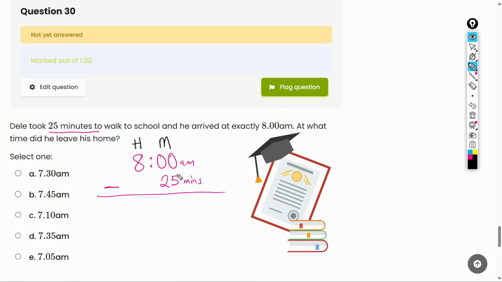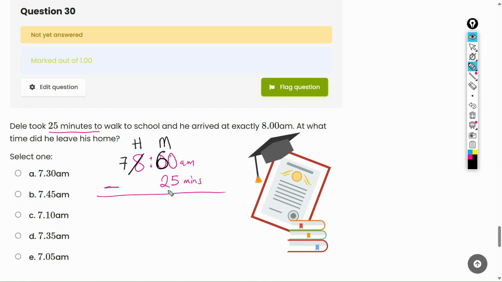minutes minus 25 minutes. That wouldn't work, so we need to carry over 1 from here. So we remove 1, we are left with 7. Now, since this is hours, when we are bringing it here to minutes, it changes to 60 minutes. So it will be 60 plus 0, so that's 60 minutes.